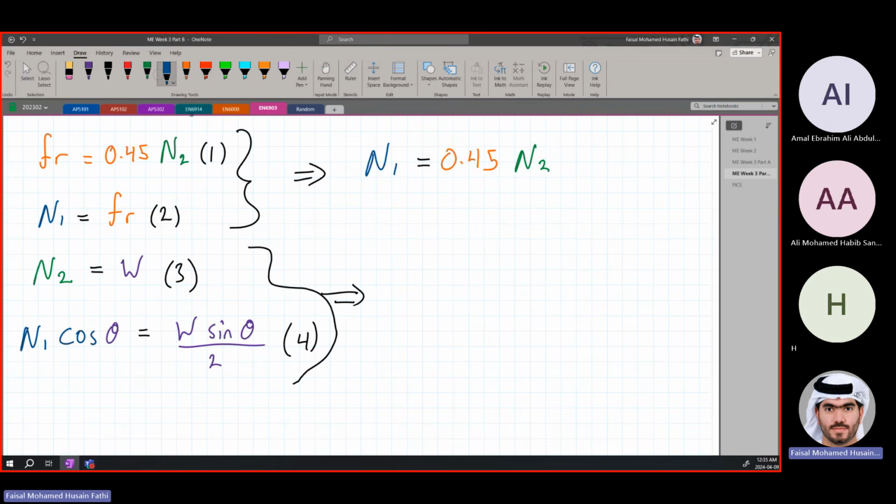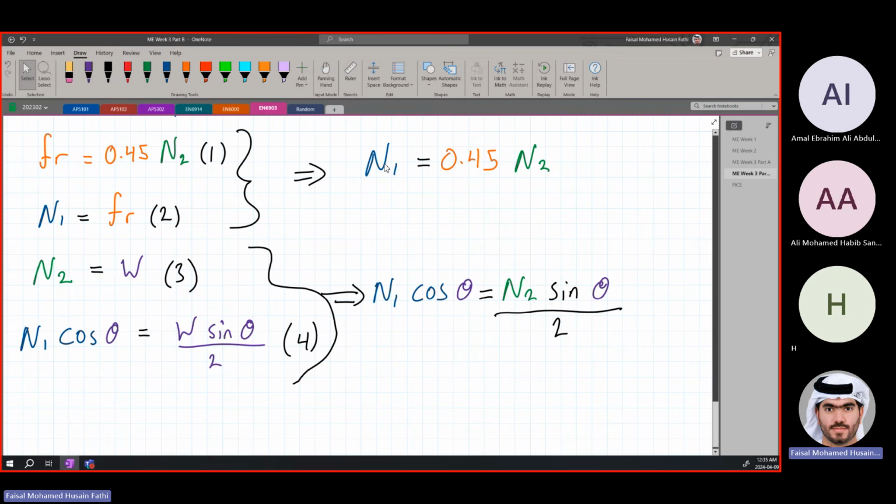So N1 cosine theta is equal to, instead of W, we're going to put N2 because they are equal to each other. Sine theta over 2.